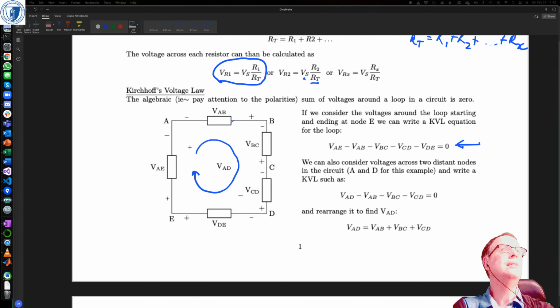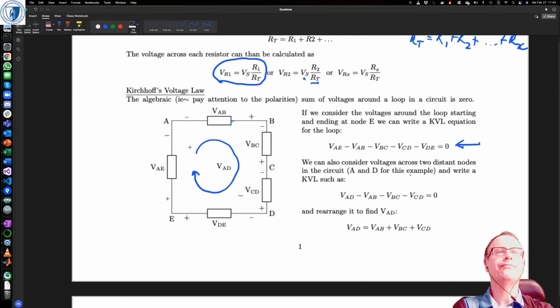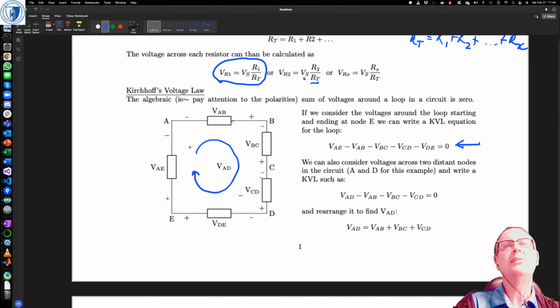Let me just close that because I don't need it. Then the other thing it's looking at is, what happens if we define VAD?